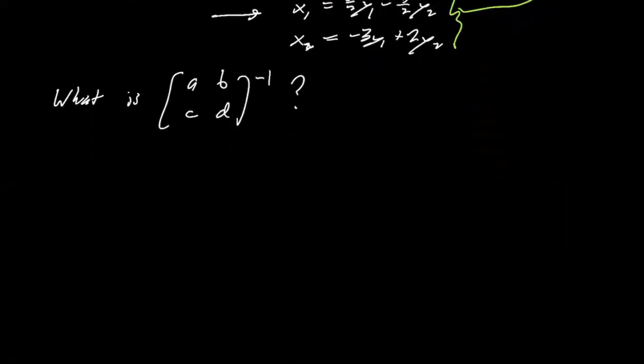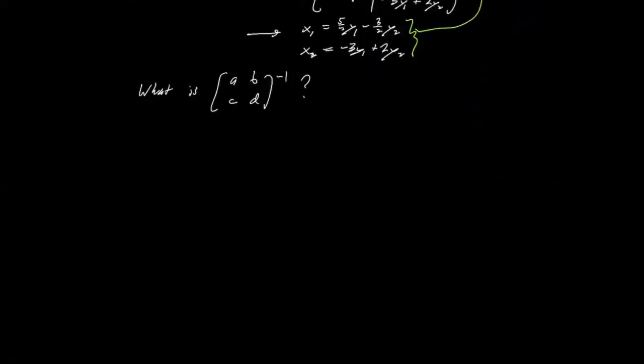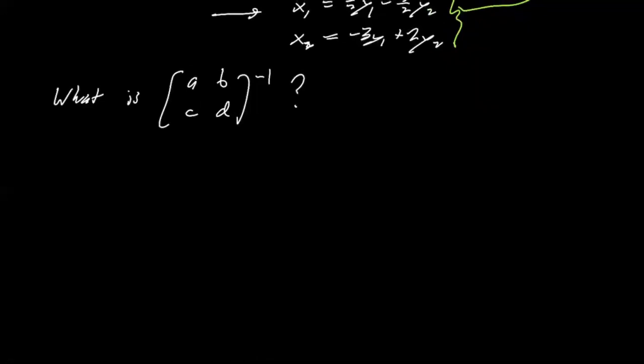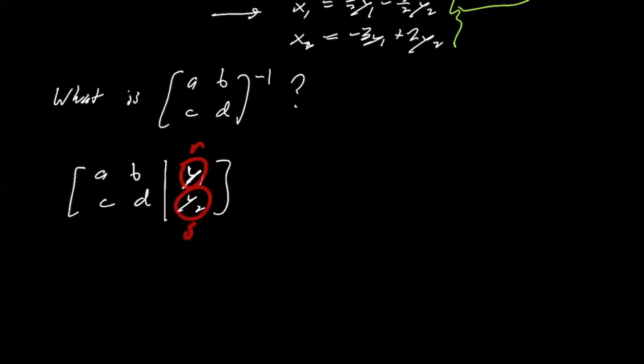Well, if we take the augmented matrix, we augment with the column y1, y2. We actually did this in an earlier video. I think we called that R and we called that S in the video we did before.